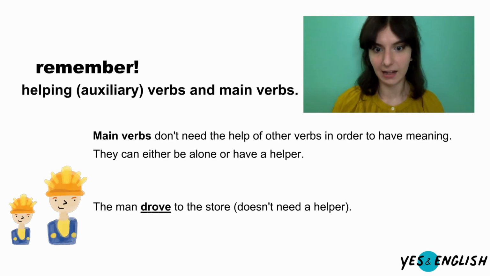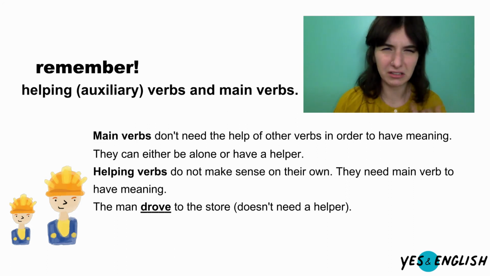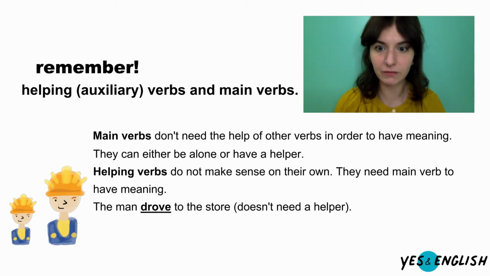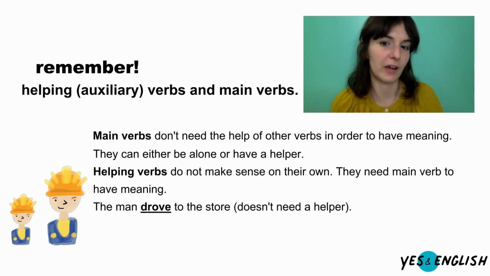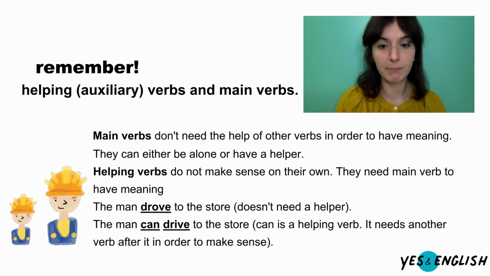On the other hand, helping verbs don't make sense by themselves. They are there to help another verb, usually to change the tense or to make the sentence negative instead of affirmative. And they don't really have too much meaning on their own. They need another verb in order to survive. So you can say, for example, the man can drive to the store.